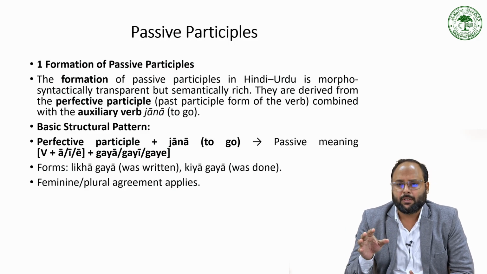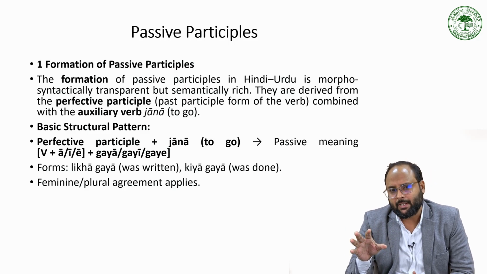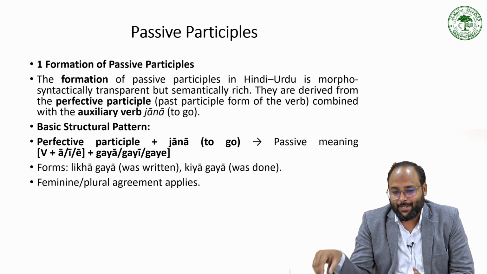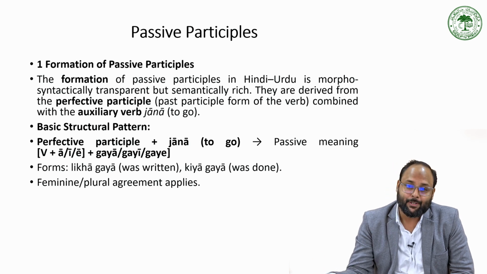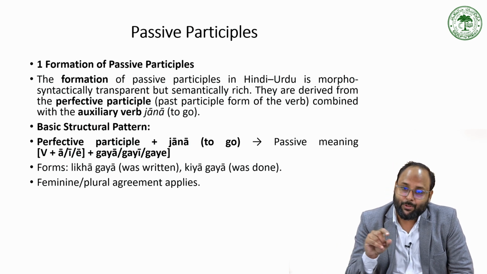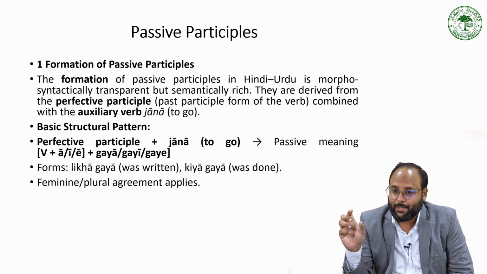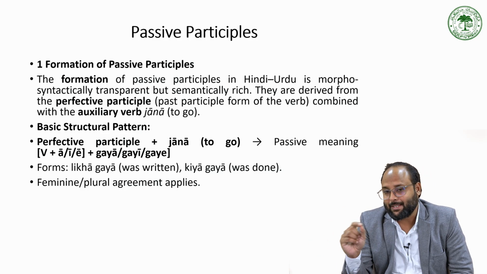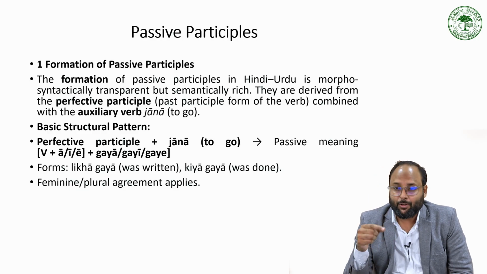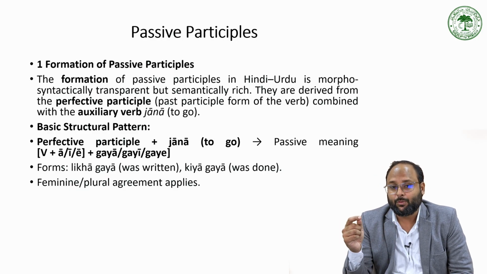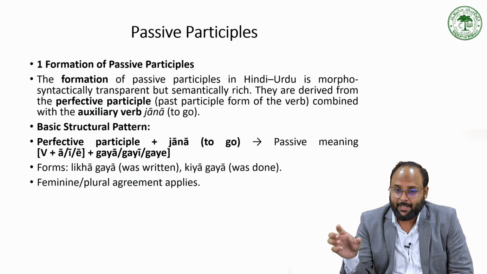Morphologically and syntactically they are very transparent, but semantically they are rich. Semantically they focus on the verb and the object, the receiver. They are not focusing on the agent who did this thing, the doer of that action, but on who is affected by that action, which is more important.